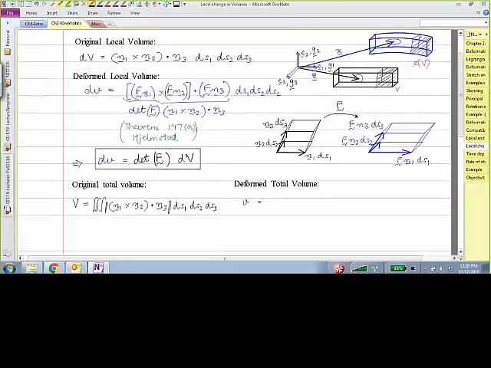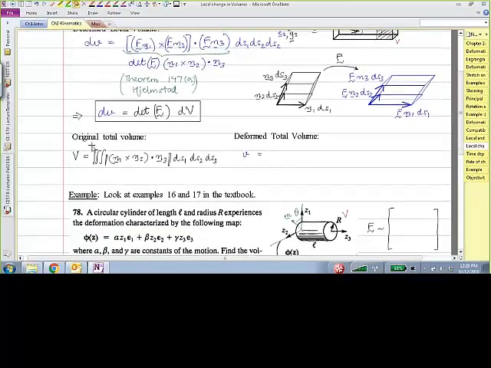And finally, if you can find the volume of an undeformed body, given the map, you can always find the volume of a deformed body, which would be equal to, again, I'll write that long expression where you can express this as FN1 cross FN2 dot with FN3 ds1 ds2 ds3, so this would be the deformed volume if you know its parameterization.